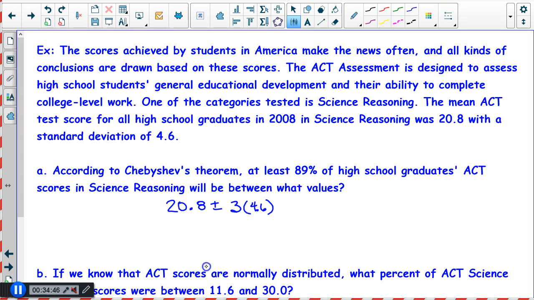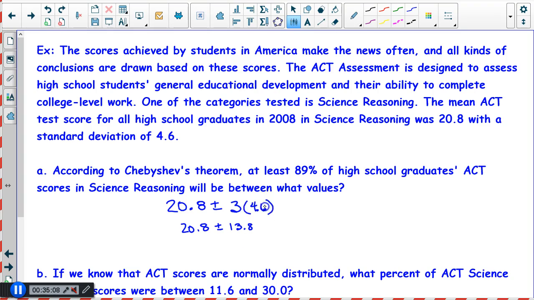See what I'm saying? So 20.8 plus or minus what? What's 3 times 4.6? Thank you. 13.8? Do y'all agree with him?